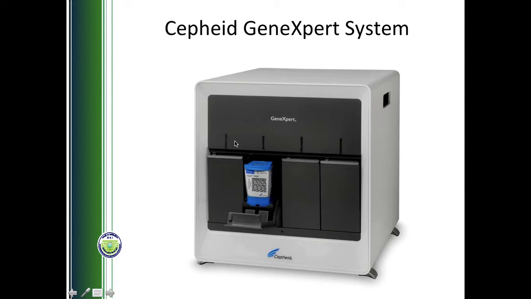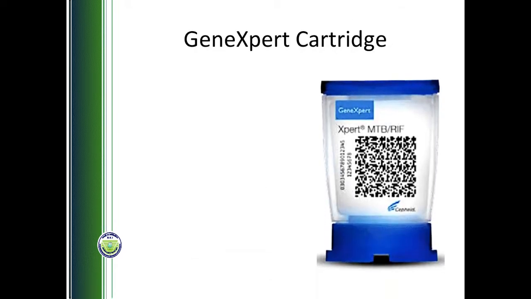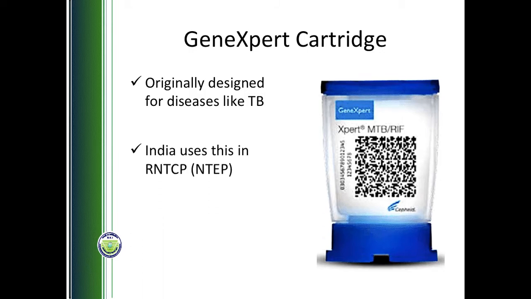Now in order to understand how this system works, we need to see how this cartridge works. So this is how the GeneXpert cartridge looks. Originally, the GeneXpert cartridge was designed for the testing of diseases like tuberculosis.